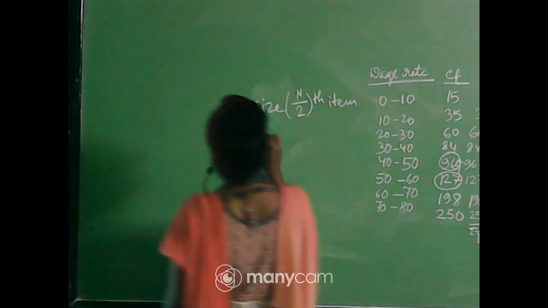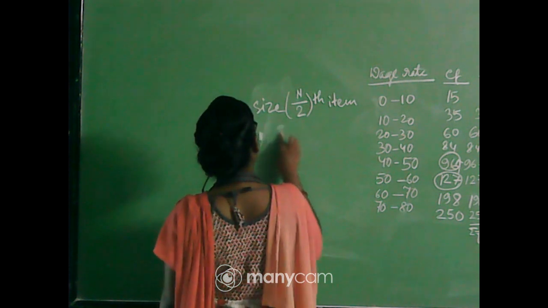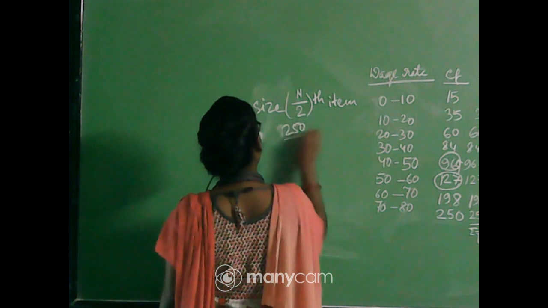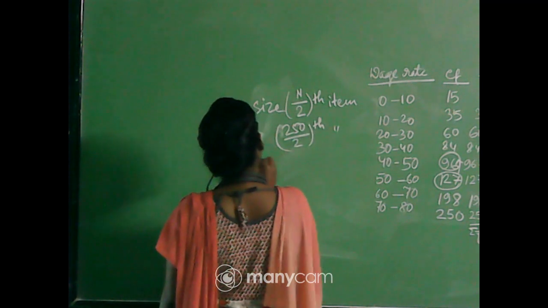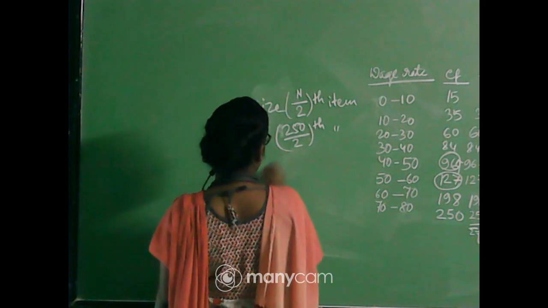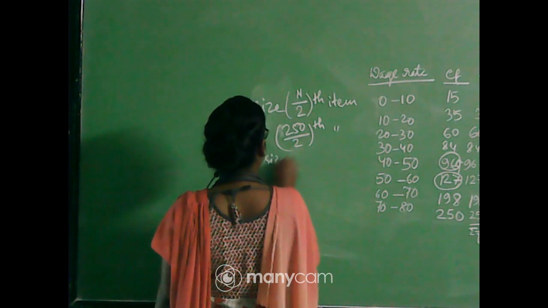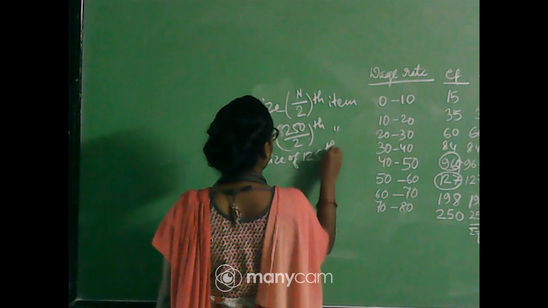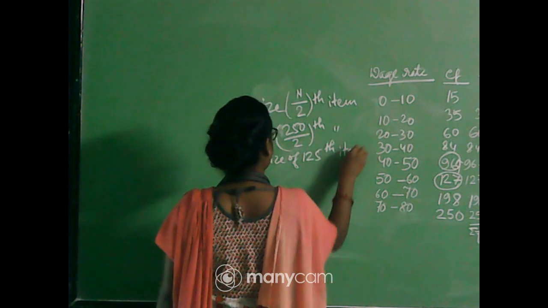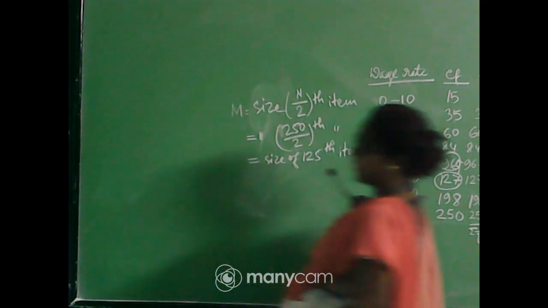So size of 250 by 2, this item, so median is size of 125th item. Okay, write down this one.